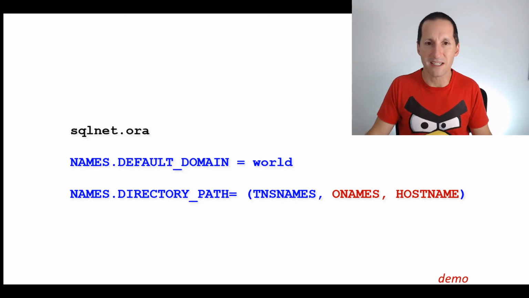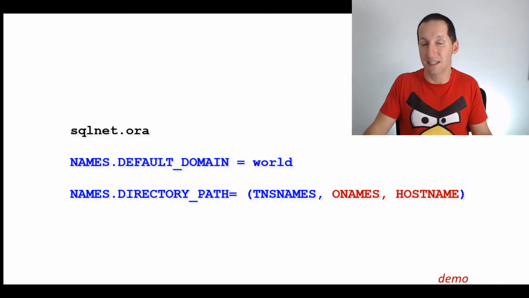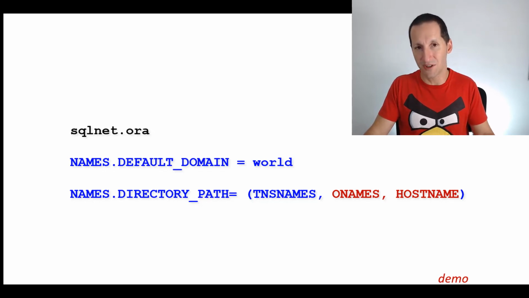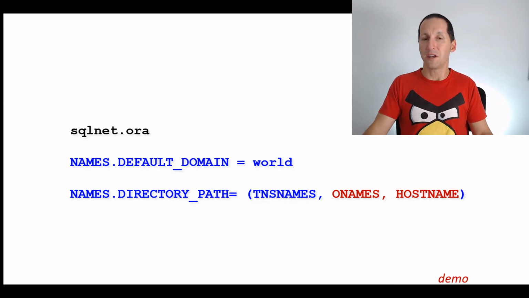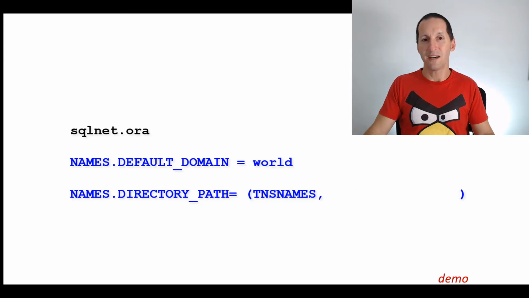It's generally been replaced now with directory lookups, but it offered a similar facility, the concept of centralizing things like your database service names. And if we couldn't find it in Oracle names, we would then use the TNS entry to resolve it as a host name. That's why we fell all the way through to here and tried to resolve cad.world as if it was a host name. So if you want to avoid that long-winded delay, all you have to do is remove those two entries.